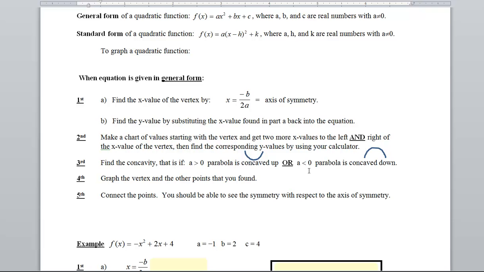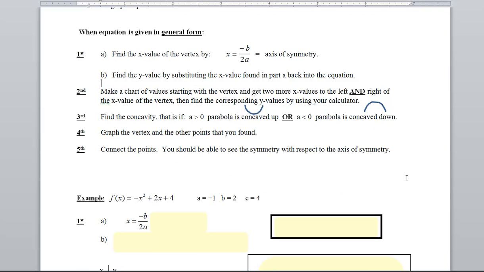Or if my a value is negative, my parabola is concave down. So all my parabolas will look like that if my a value is negative. Fourth thing is we're going to graph the vertex and the other points you found, and then we connect them. And you should be able to see the symmetry, referring to the axis of symmetry, with respect to that.